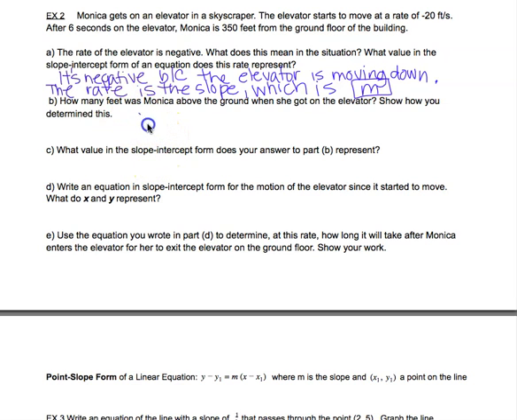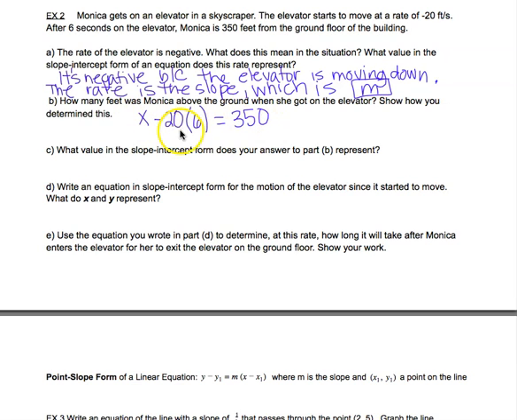So let's just call it x for right now. And I know that wherever she started, she's going down at a rate of 20 feet per second. And it says after 6 seconds, so per means to multiply, that she's 350 feet. So where she starts, minus 20 times the 6 seconds, lands her at 350.